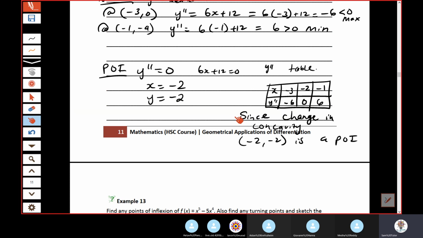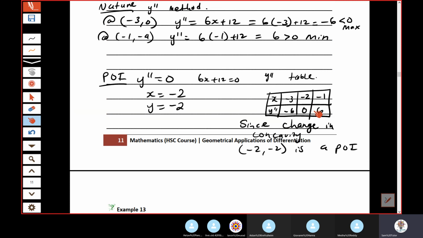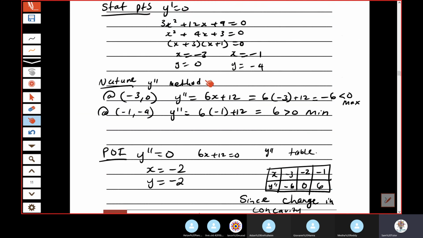Good. A horizontal point of inflection would still be a point of inflection. True? Yeah. So on the table, it'll still look the same. But how do you know it's a horizontal point of inflection? Doesn't horizontal mean it had to already be a stationary point as well? Because a horizontal point of inflection is going to be at y dash equals 0.